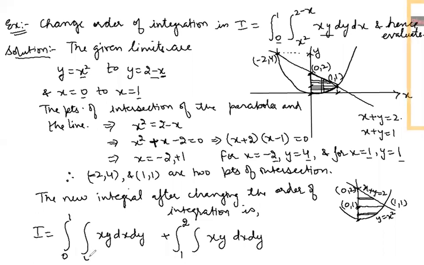Y is 0 to the parabola. What is the equation on the parabola? Y is equal to x square. Okay. In the second region, the strip is moving from the y-axis to this line.